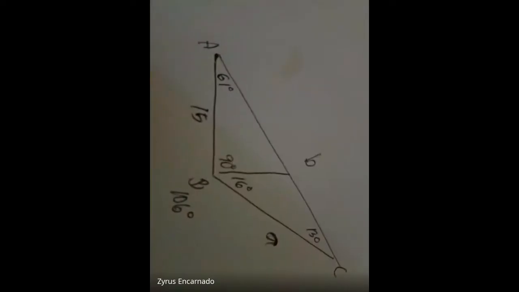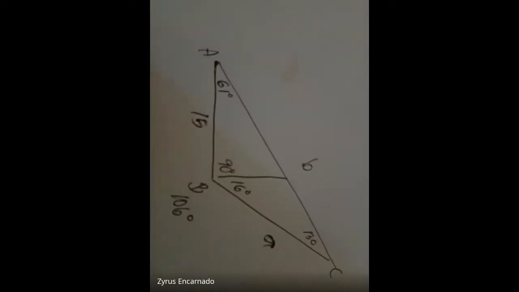Can we see the illustration? That is 61. Then 90 plus 16, that is 106. So, 180 minus 61 minus 106. What is the remaining angle on angle C? 180 minus 106 minus 61 is 13.